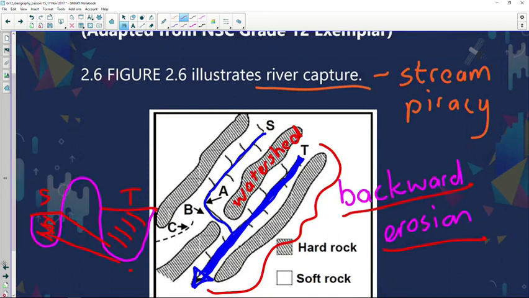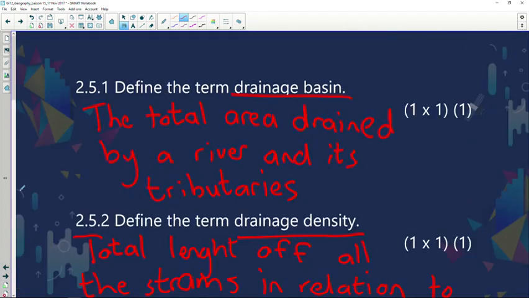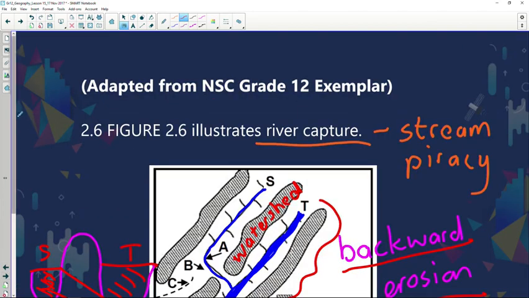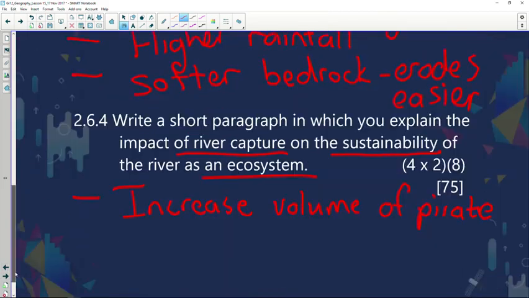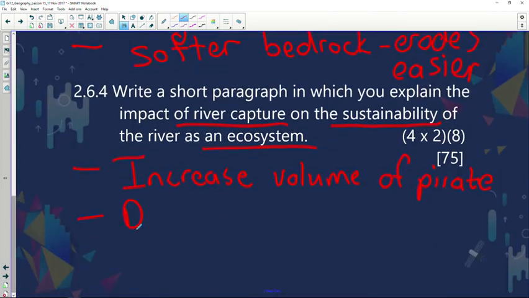Now there's going to be more downward erosion because the volume of water increased, and that will lead to rejuvenation. What does rejuvenation mean again, Gr12? It's the ability of a river to get more energy, to regain energy.